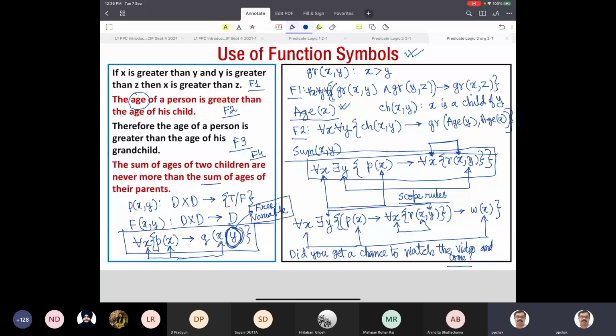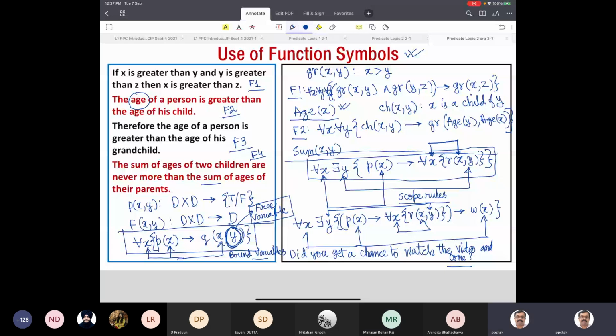Those variables which are connected by quantifiers are called bound variables. And those variables in the formula who have no connection with any quantifier are known as free variables. Got it? Hello, did you get it? Yes, sir. Okay, thank you.